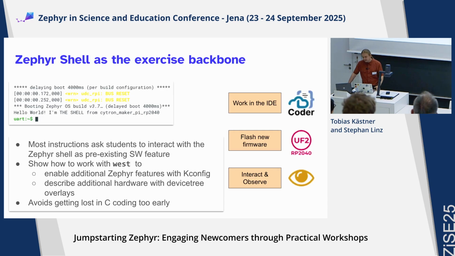We also depict the different steps in the exercises by icons, like when we ask them to work in the IDE, when they have to flash something by means of the bootloader, or when they should observe things going on, like the motor should move now, clockwise or counterclockwise, and so forth.